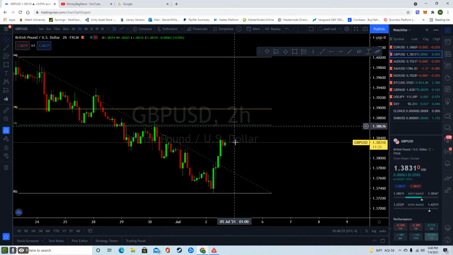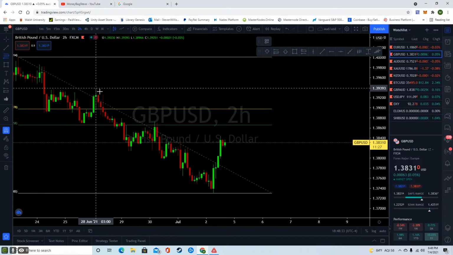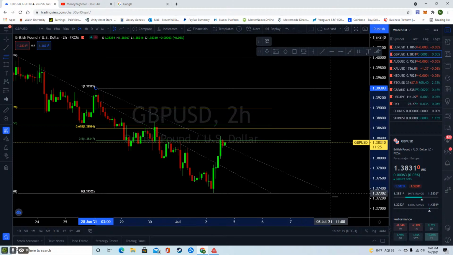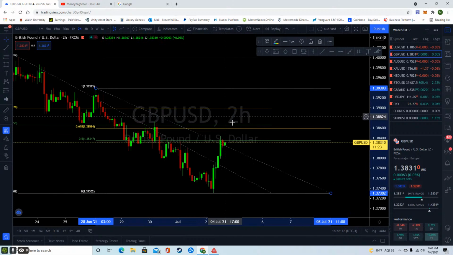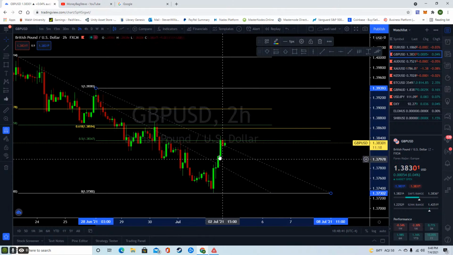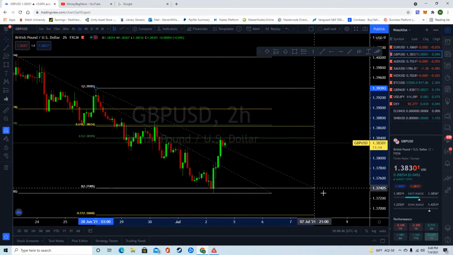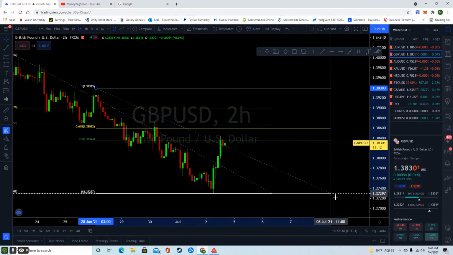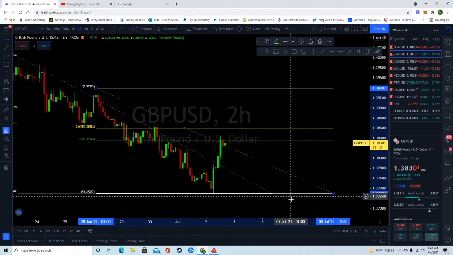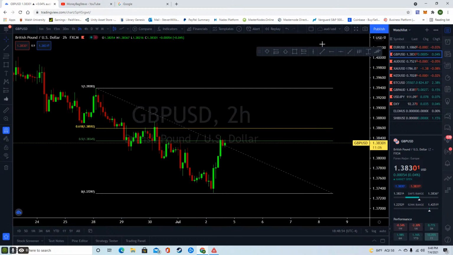So it can come back, touch, and then drop, or come from this fib zone, which is almost the same thing. Actually, it's touching that one, which is pretty amazing. So we'll get rid of that one. We'll work off of this.